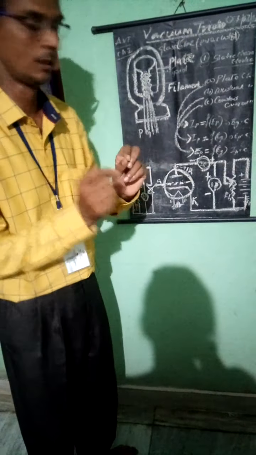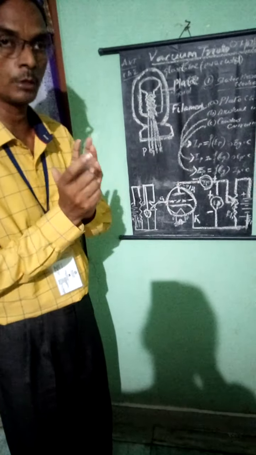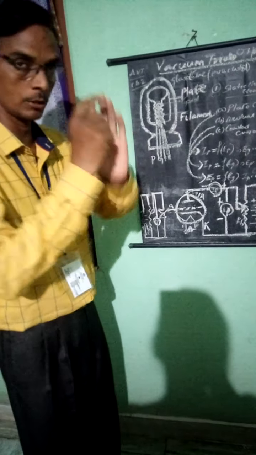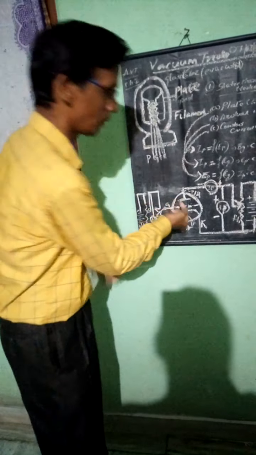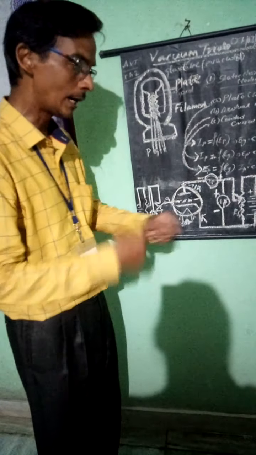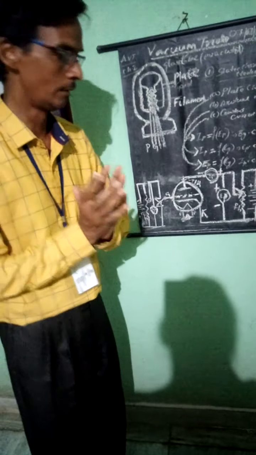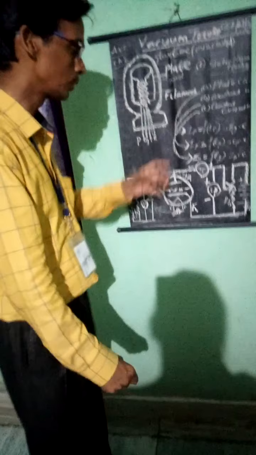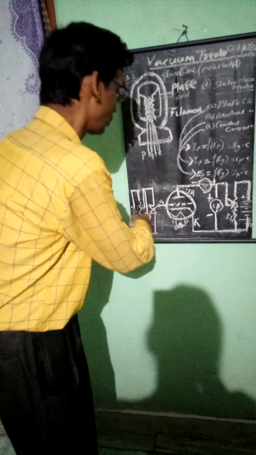This retarding force will not allow the whole of the electrons from the space charge to move towards the plate. Some slight lead will control that, and then the electrons pass through the interspacing to the plate. That changes the plate current, though you keep the plate voltage constant. But here, remember, to get the characteristics, there is a slight change of the grid potential on this input side, you see.